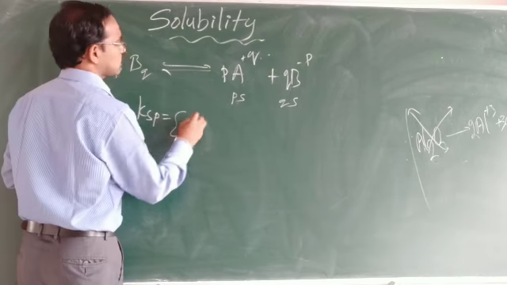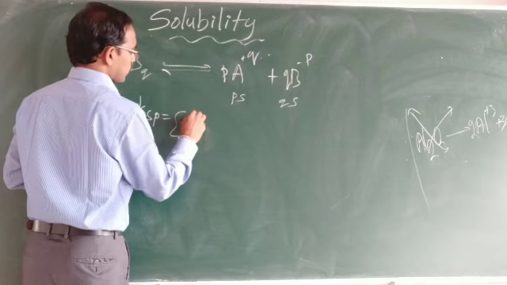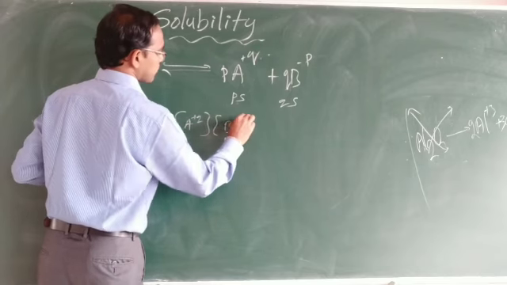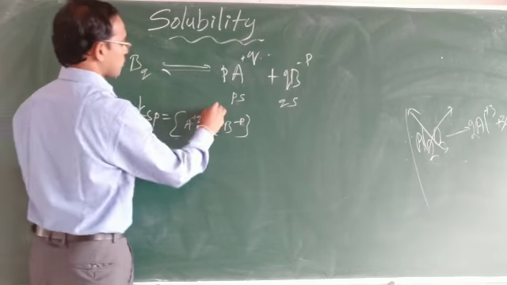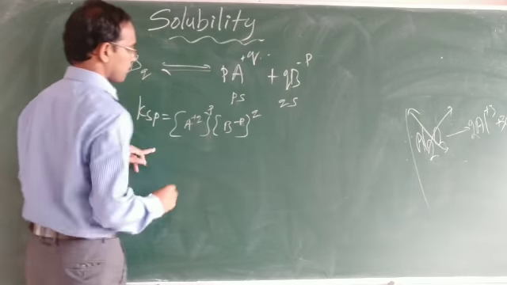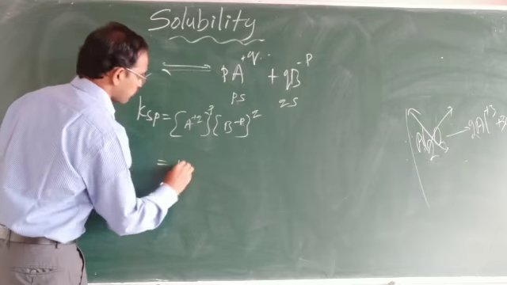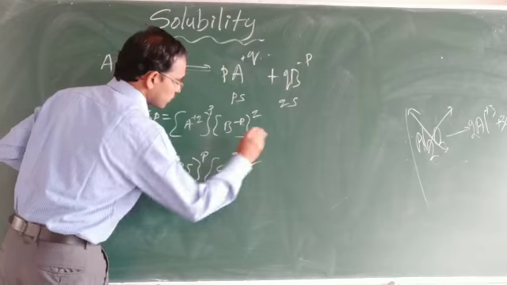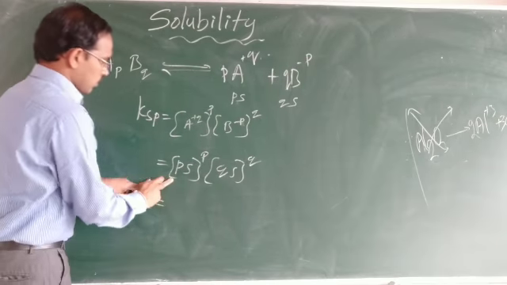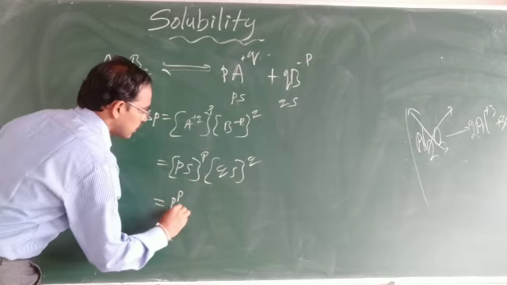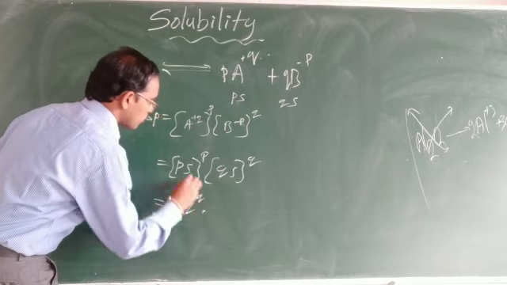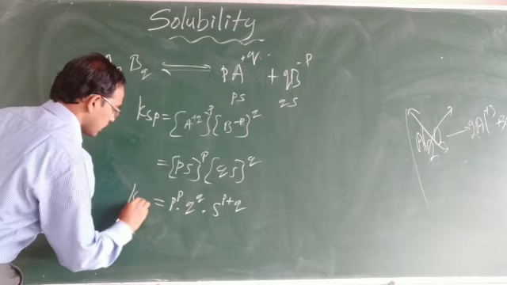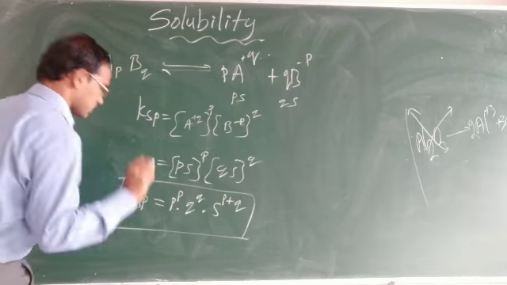Then the concentration is A to the power of P into B to the power of Q. Now this means PS to the power of P, QS to the power of Q. Then P to the power of P into Q to the power of Q into S to the power of P plus Q. This is the KSP general equation.